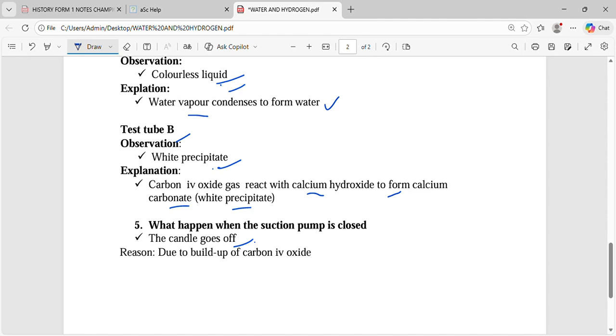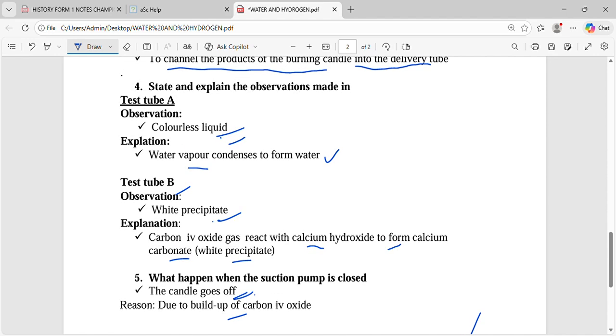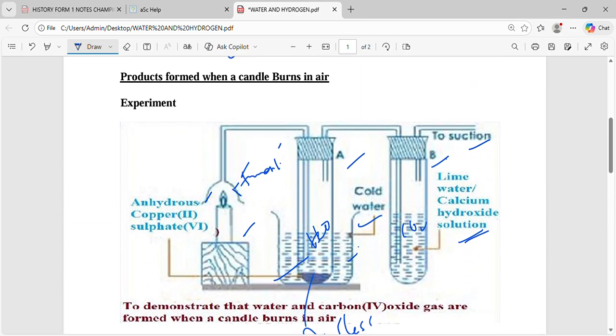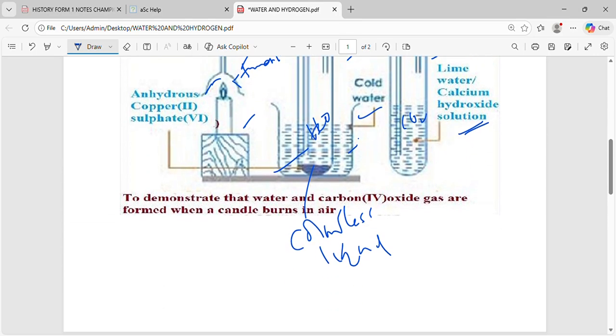Carbon dioxide gas doesn't support combustion, so there will be a build-up of carbon dioxide gas, and the candle goes off.